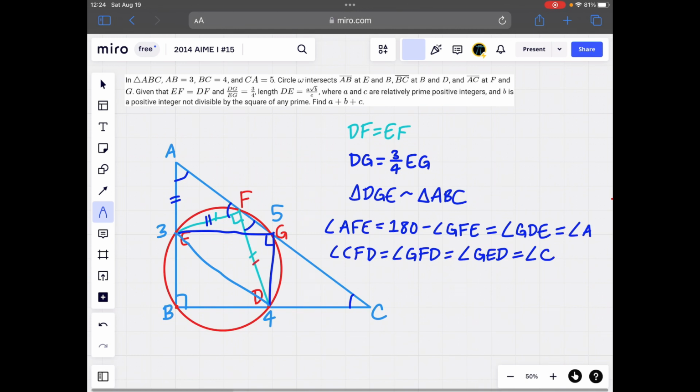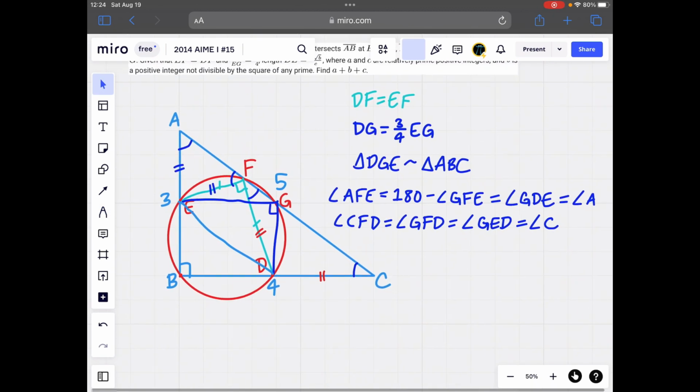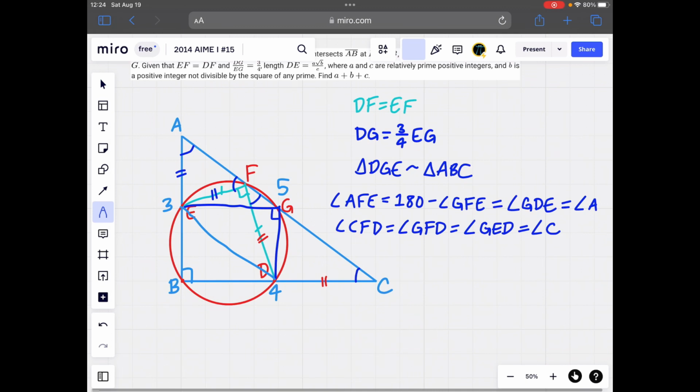Great, so we now have two isosceles triangles in AEF and FDC. But we know that EF and DF are actually the same length. It's given in the problem, DF equals EF. The equal sides of these two triangles are actually all the same length. Let's call that X. So we want to label X, X, X, and X.